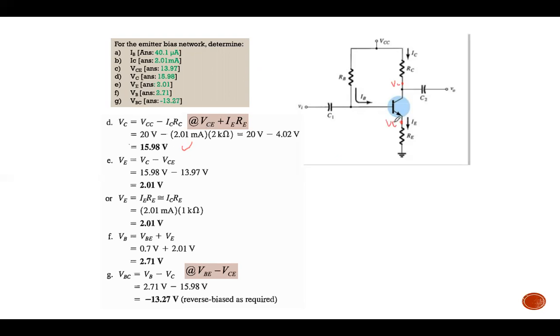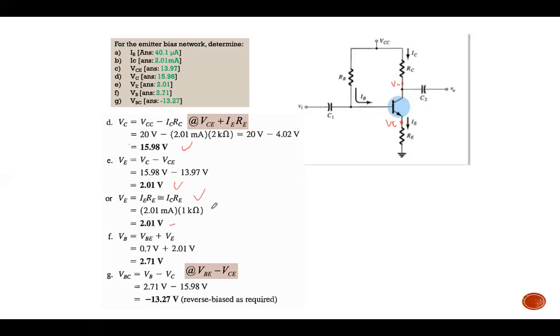For VE, this is the emitter feed, so VE is from this point to ground. Previously you know that VC equals VCE plus IERE, so you can calculate VE as VC minus VCE. VE is of course IERE, and IE equals IC because we assume the base current is very, very small.